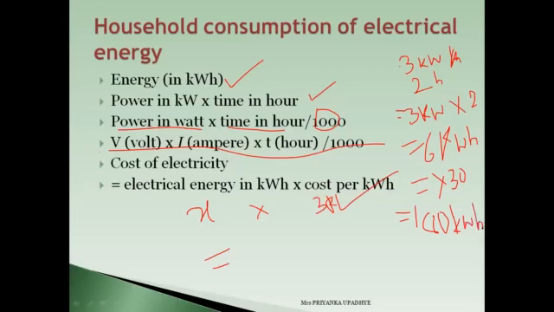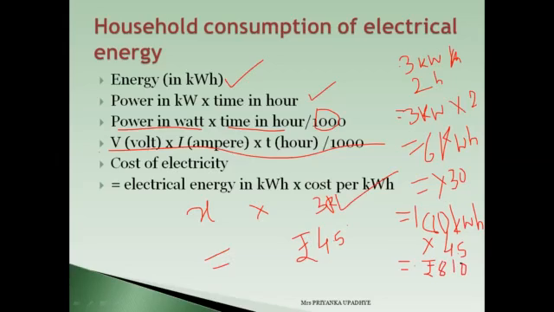Now if the cost is 4.5 rupees per kilowatt hour, what will be the total cost over the period of 1 month? It will be 180 kilowatt hour into 4.5, which is 810 rupees.